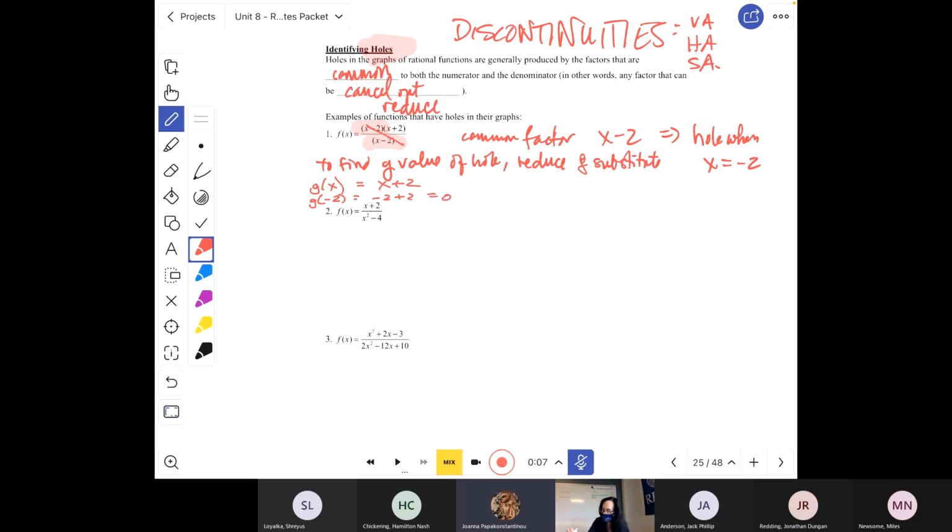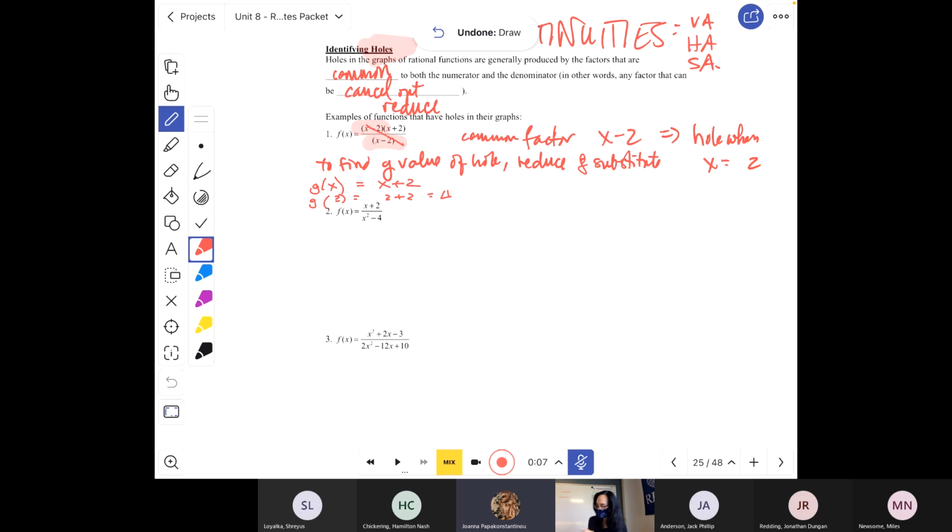This is x plus 2, and then I'm substituting in 2. So that's 4, right? Because the common factor is x minus 2.